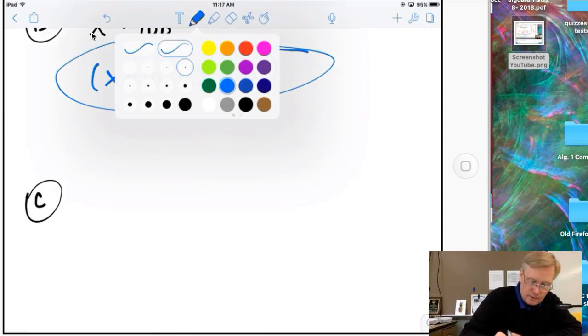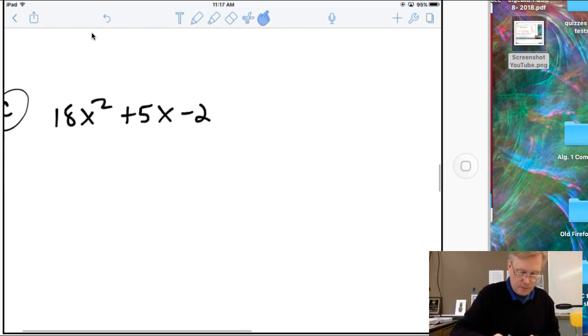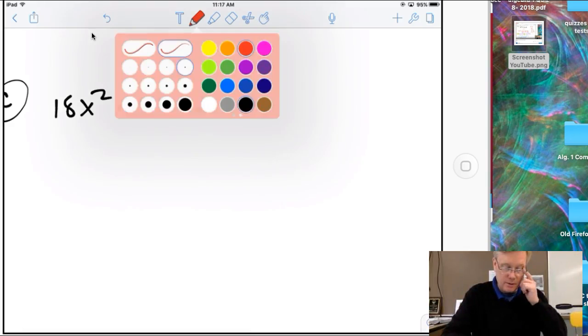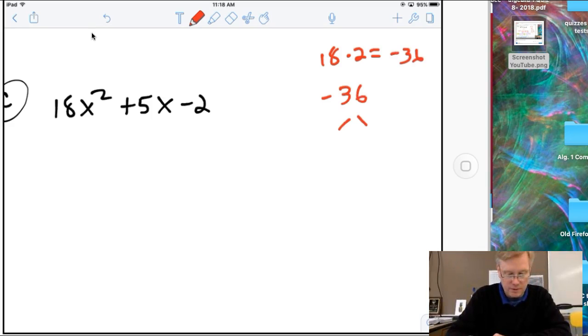C and D, a little more meat on them. 18x squared plus 5x minus 2. All right, so with this one, because it has that 18 there, that changes it. This is going to be a little harder. So I start out by going 18 times 2 is negative 36. So I'm taking the factors of negative 36 that add up to 5.